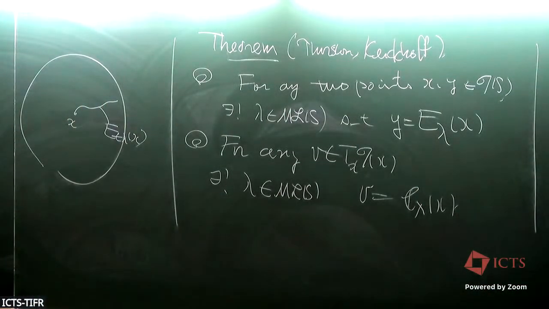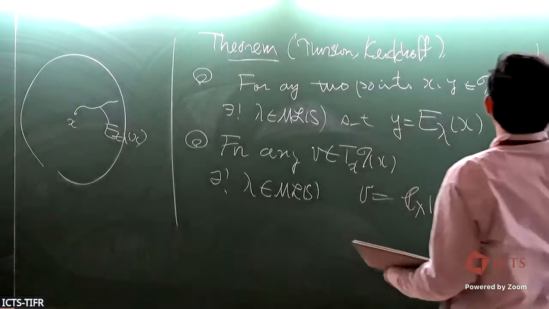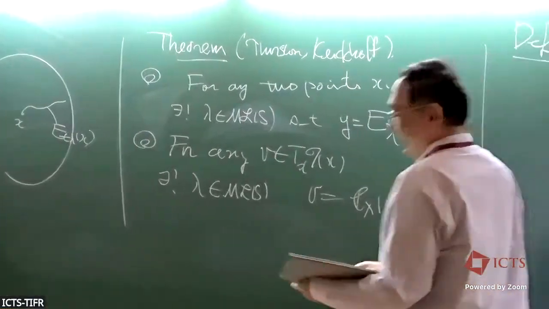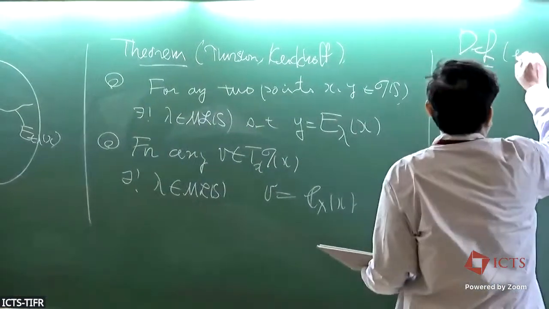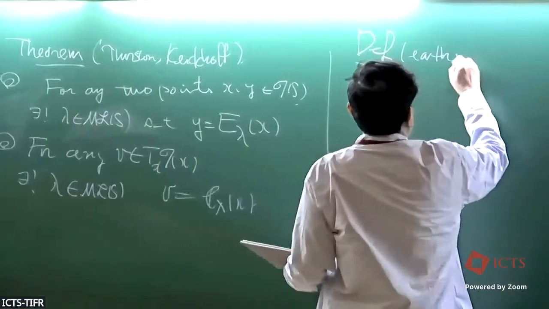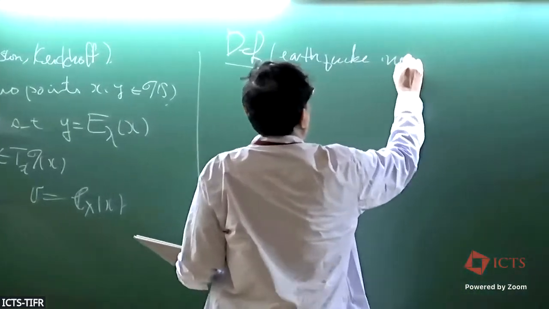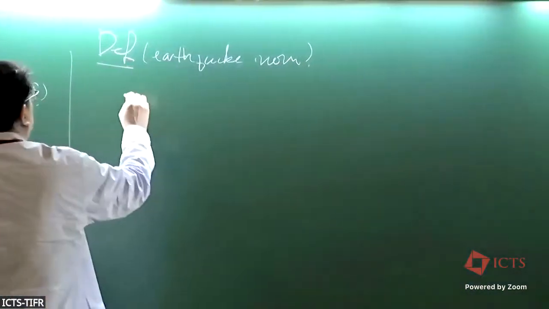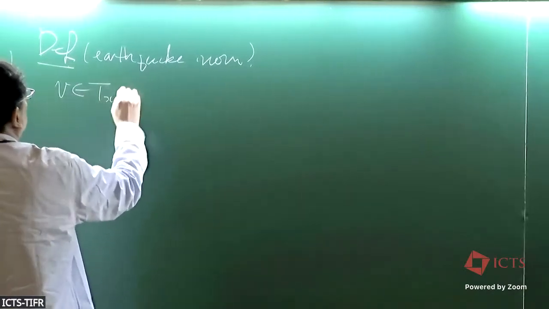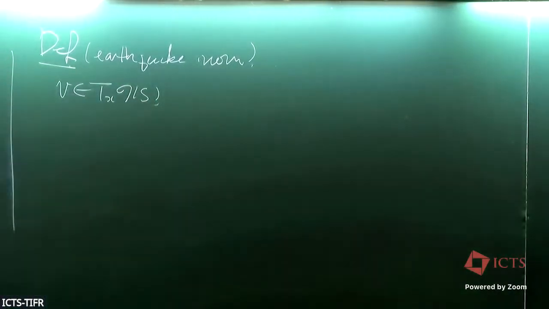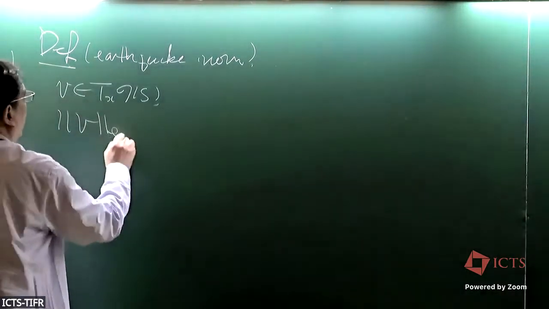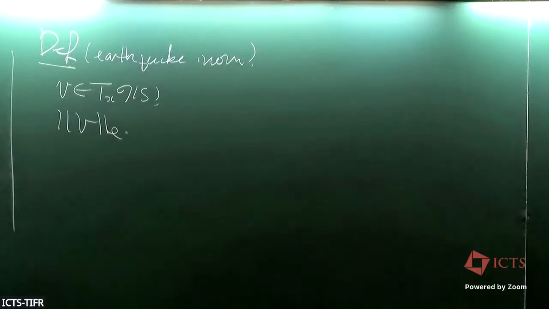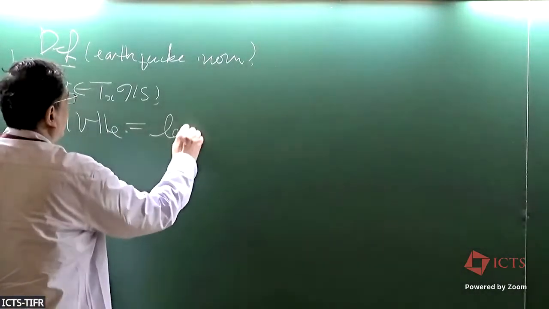So now we can define the earthquake metric or earthquake norm. For a tangent vector V, we define the earthquake norm to be the length.